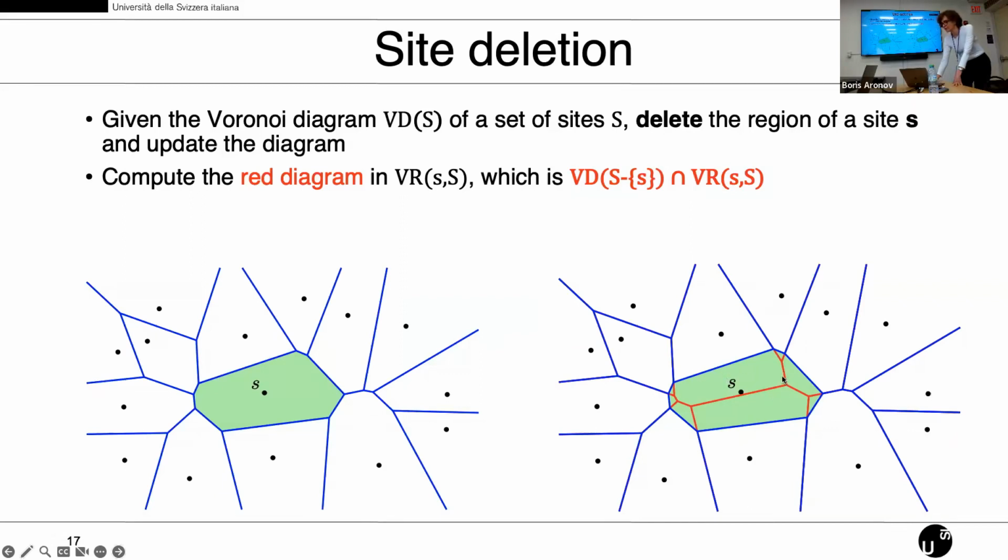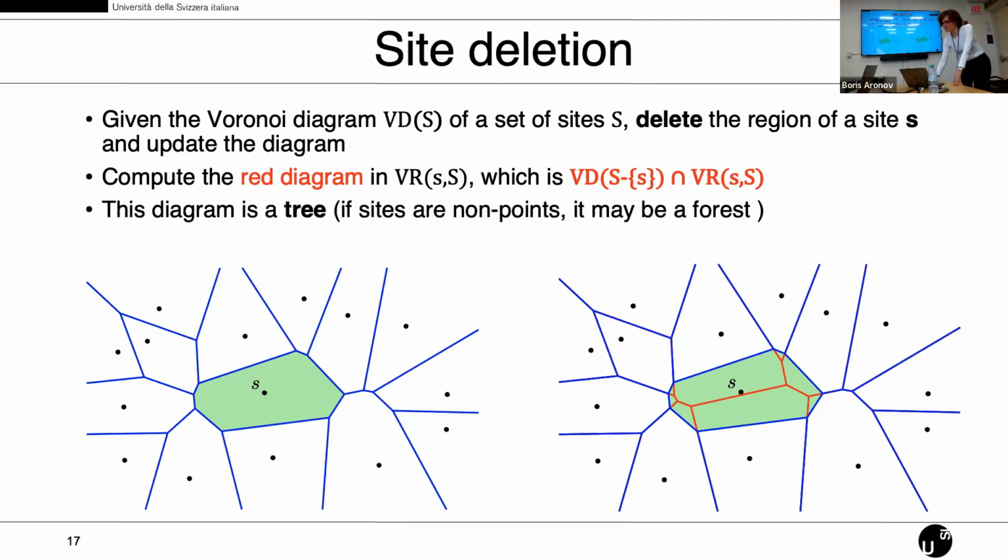So this diagram is a tree, and we want to compute this red tree. And in case the sites are not points, this tree might be disconnected.